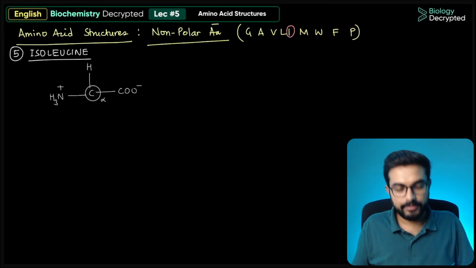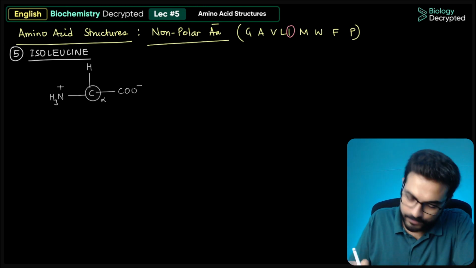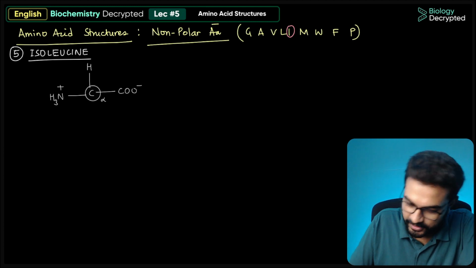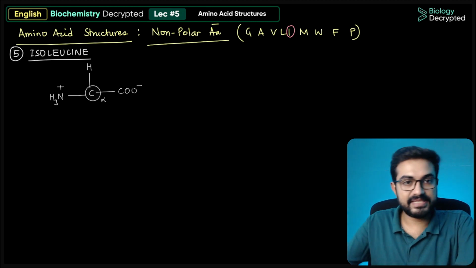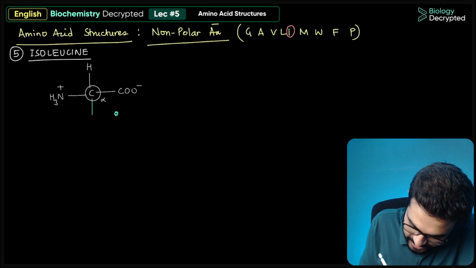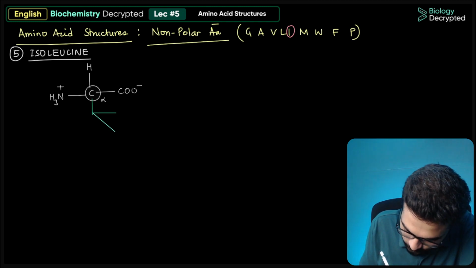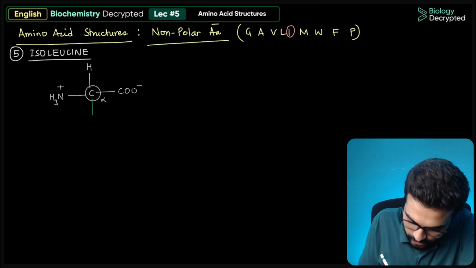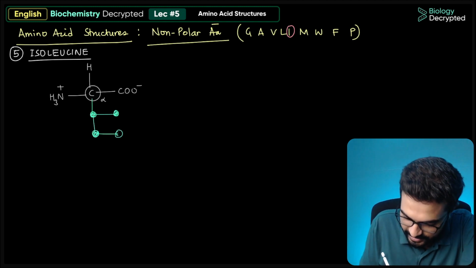Now we will be discussing the structure of isoleucine. Again, we know what the R group is. It is basically a sec-butyl group. So we have 4 carbons. The second carbon is attached like this, and we have the other carbons like this. We'll draw one carbon here, another carbon, another carbon, and the 4th carbon.